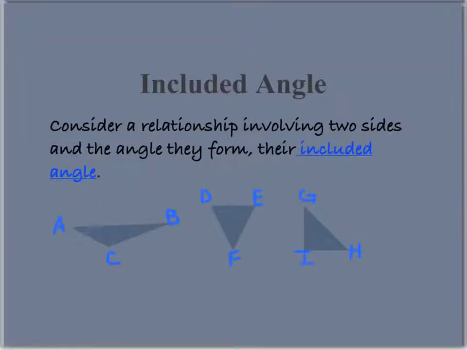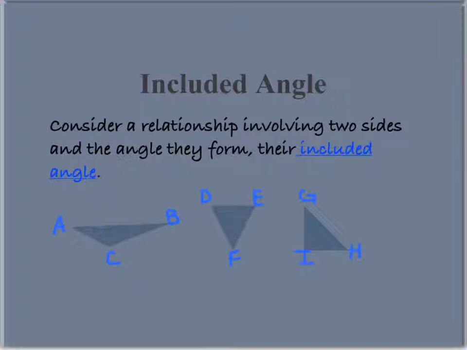Alright, before we start talking about side angle side, I want to introduce you to a vocabulary term called the included angle. So we're going to talk about the angle that is included in between two sides. So consider a relationship involving two sides and the angle they form.